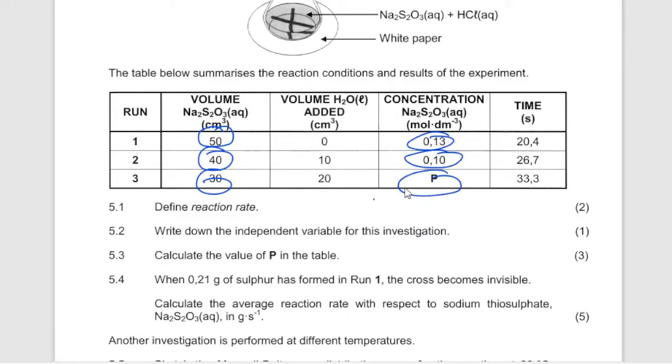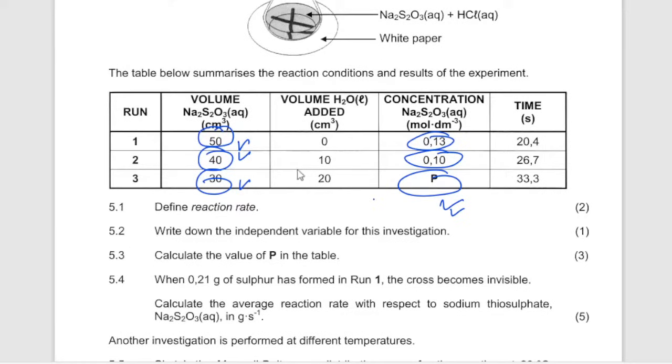Definitely, even this one is changing. So concentration will determine the rate or the time taken. So this could be the first, or you can say volume, even volume here.